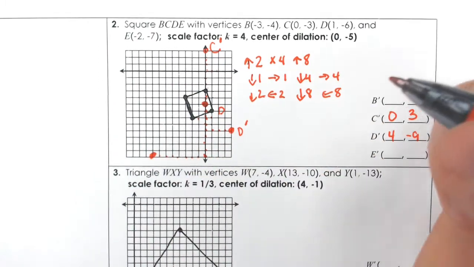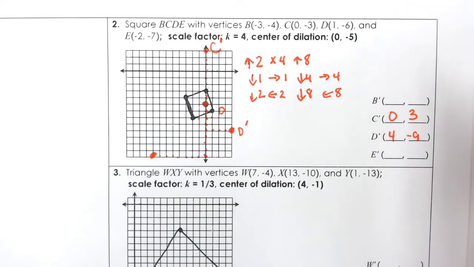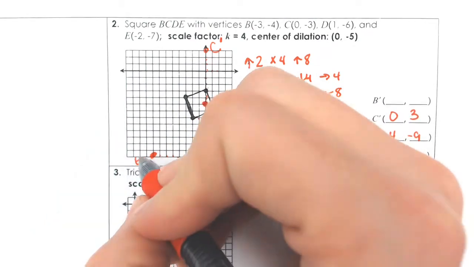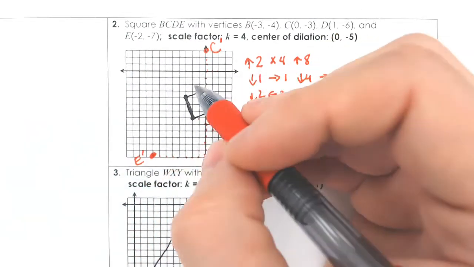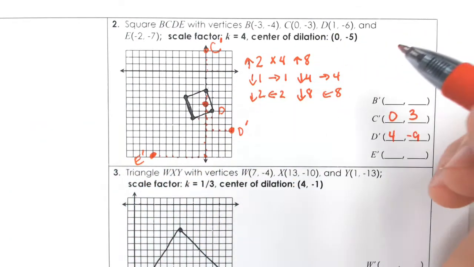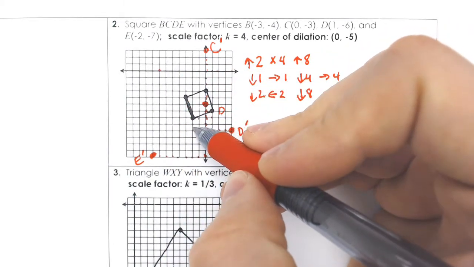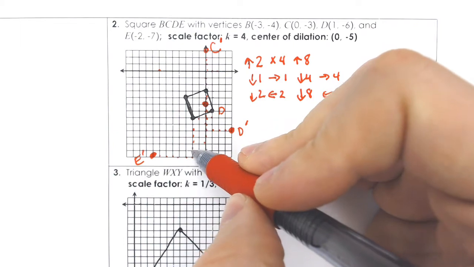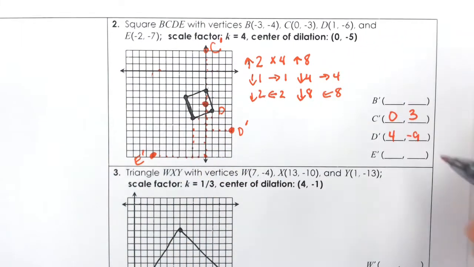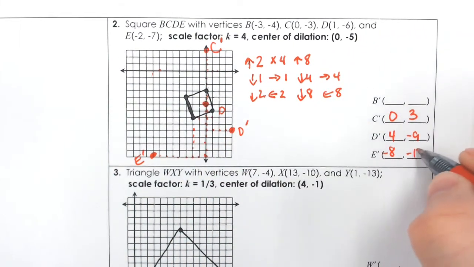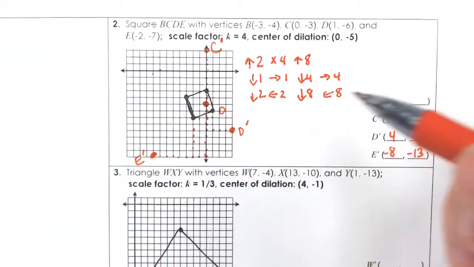And that would be my new coordinate for E prime. We would label it as negative 8 and negative a lot. 8, 9, 10, 11, 12, 13. So it's negative 8, negative 13, unless I counted slightly wrong. That's a lot of counting.